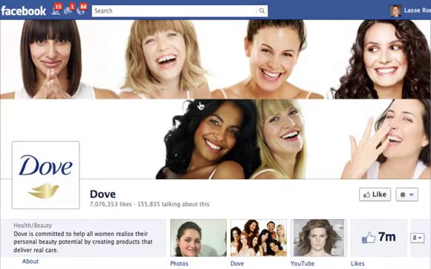This is Dove. So great cover image, facebook.com/Dove, and what they are doing here is laughing. You can see a lot of laughing faces, and of course they are targeting women. So the main target market is women, and that's why they have women smiling and being happy after using this product. So that's again a great example.